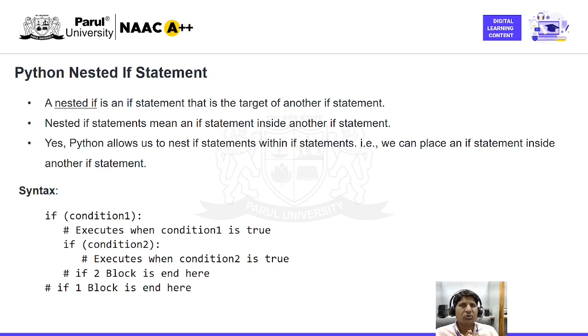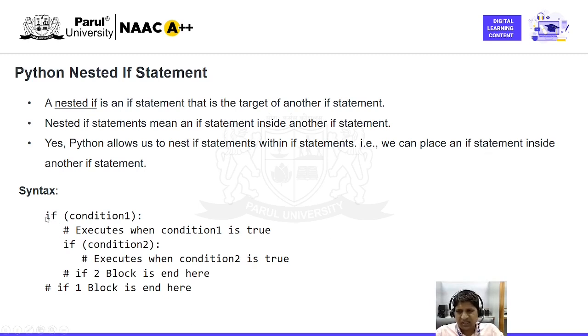Python and other programming languages also allow this, but we will discuss only Python. Python allows us to nest if statements within if statements. That is, we can place an if statement inside another if statement.